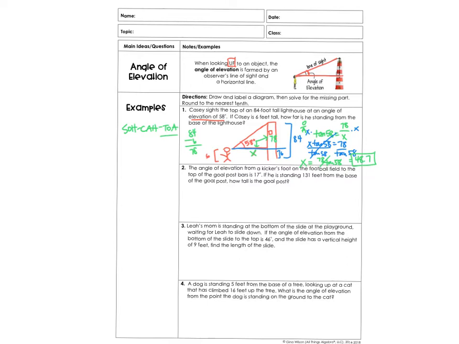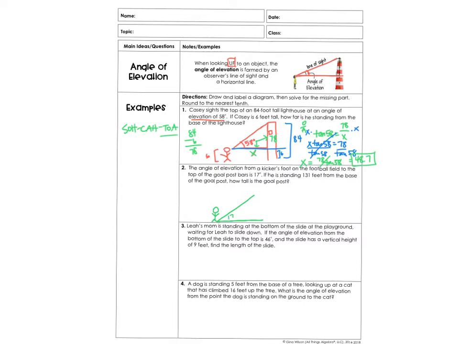So let's look at number 2. The angle of elevation from a kicker's foot on the football field. Okay, so from his foot, that means it's on the ground. Remember, horizontal line, line of sight, to the top of the goalpost is 17 degrees.